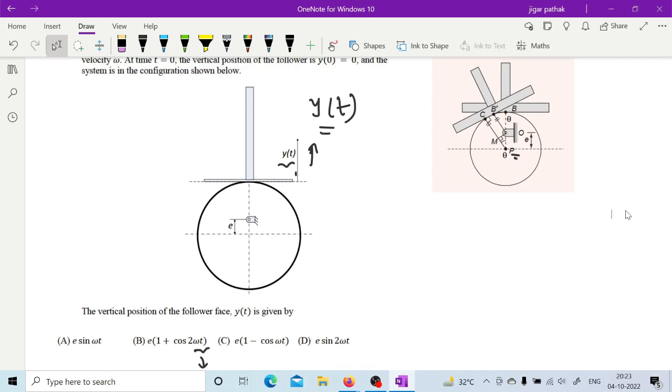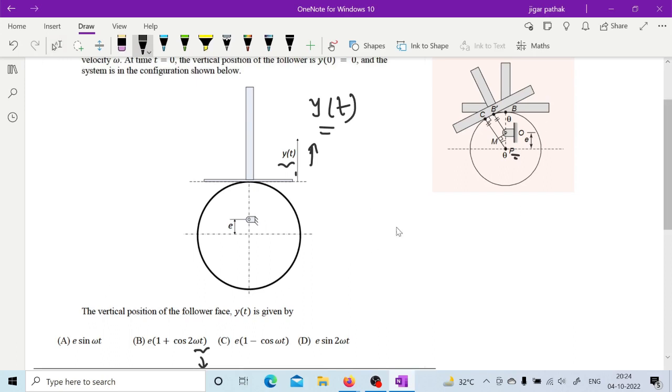Sorry, sir. C, E into 1 minus cos omega t. That would be C. Okay. So what about others? What are you getting as the answer? C, sir. Okay.